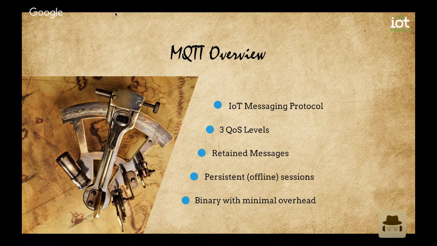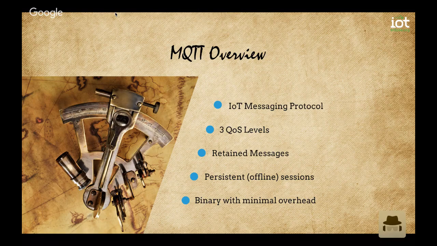MQTT has 3 different quality of service levels, which you can define on an application level. So you can send messages with fire and forget guarantees. But you can also make sure that a message arrives at least once or exactly once on the backend.